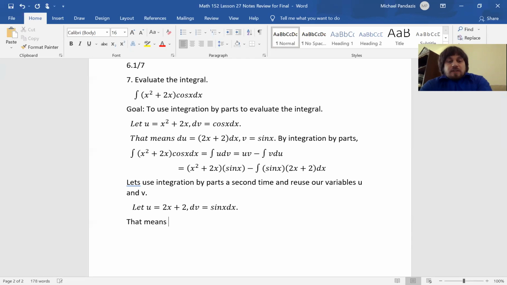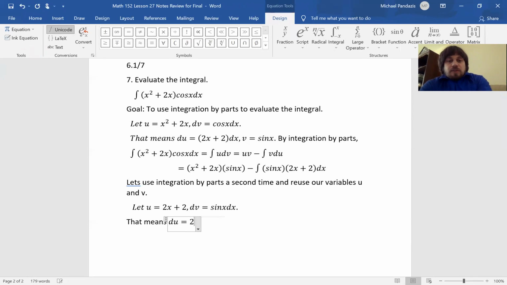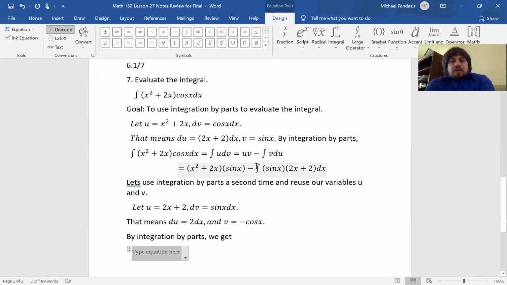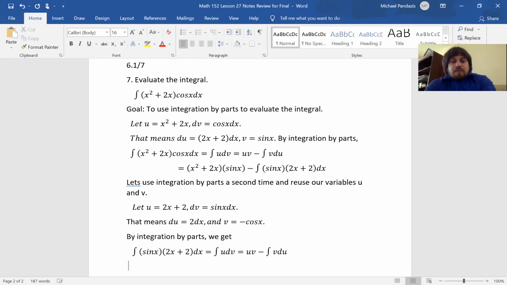Okay, so that means that du is equal to 2 dx, and v is equal to the integral of sine x dx, which is negative cosine x. By integration by parts, this integral, because this is the integral we're looking at now, equals the integral of u dv, which equals uv minus the integral of v du.